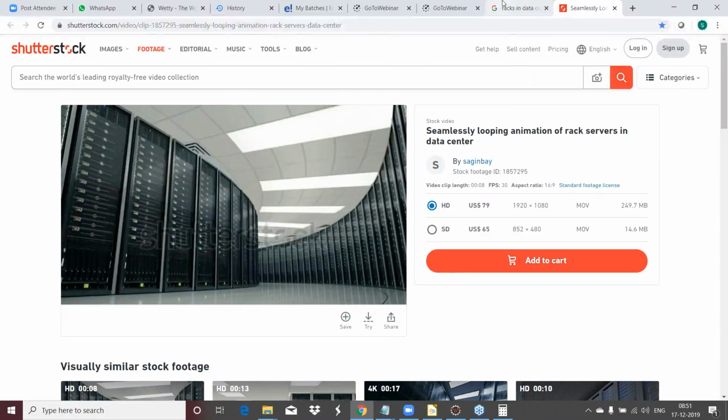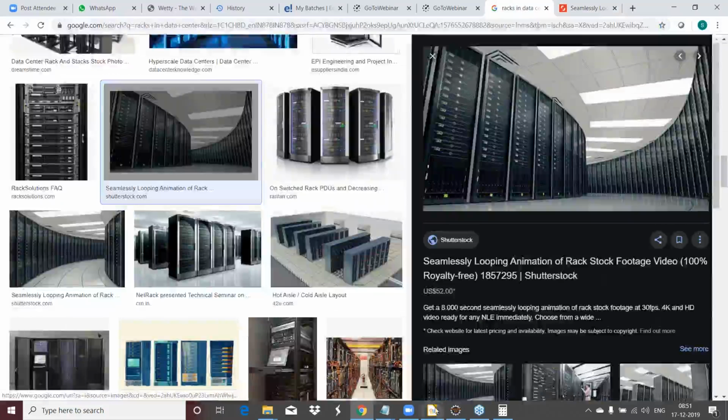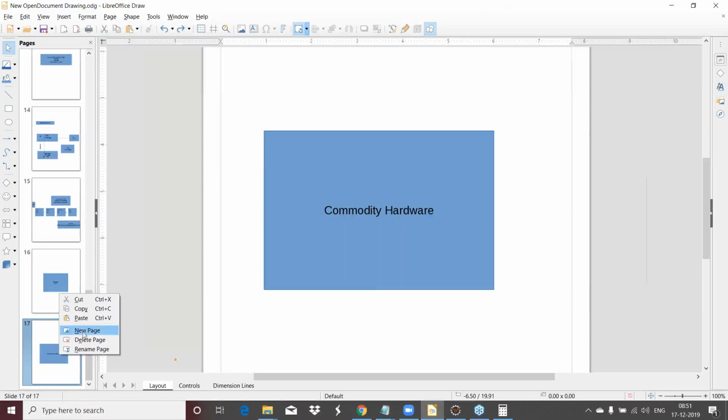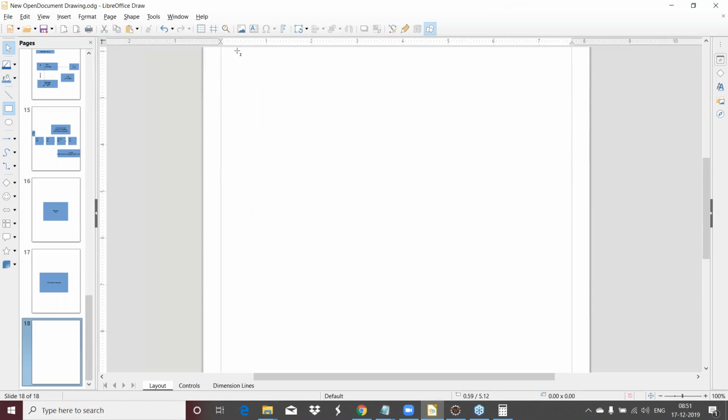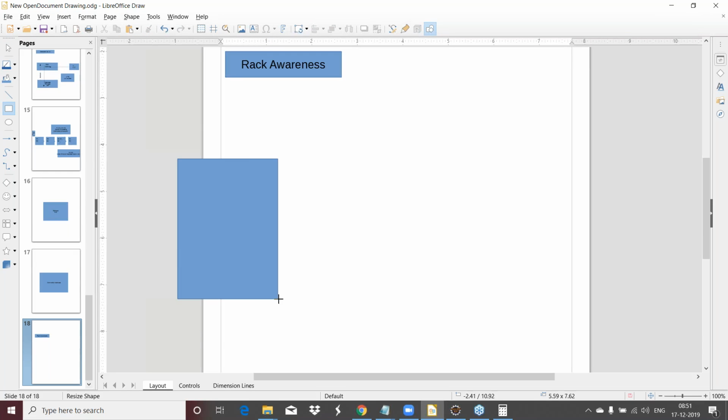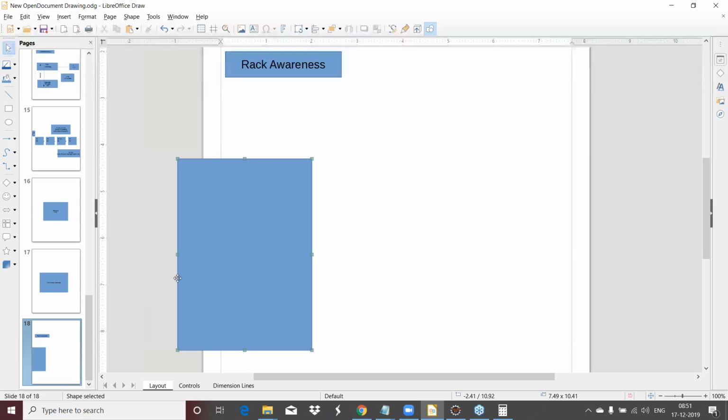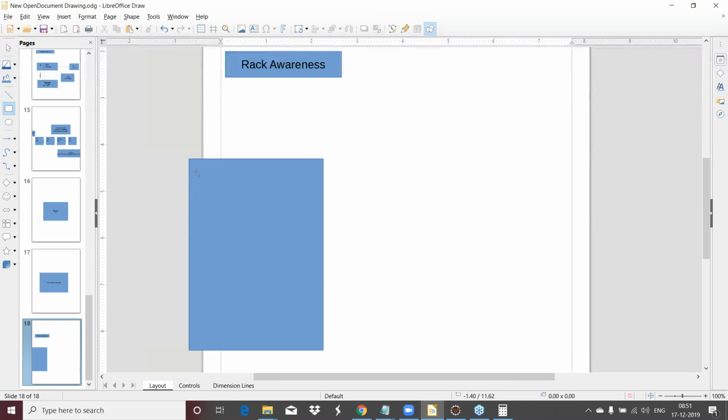Fine. Moving ahead. Now we want to actually talk about an important concept called rack awareness. So what is the concept of rack awareness? Let me first draw it and then I will explain it. So let me say this is your rack. One rack has got multiple servers.